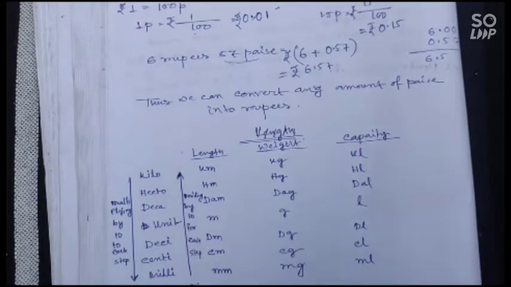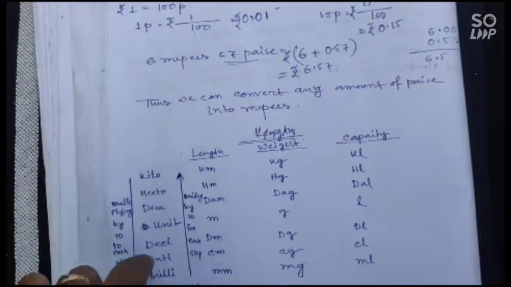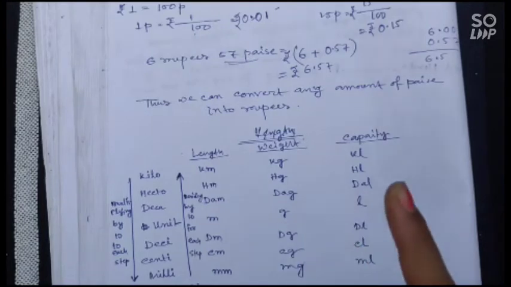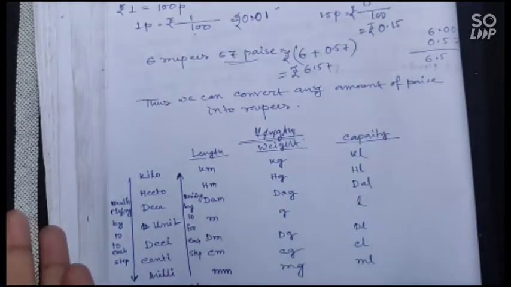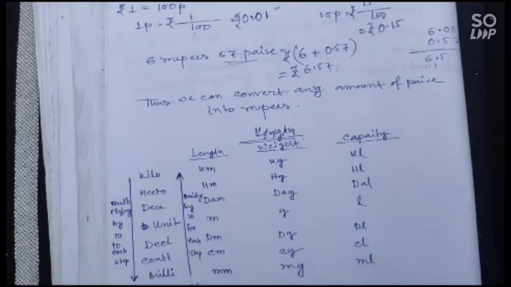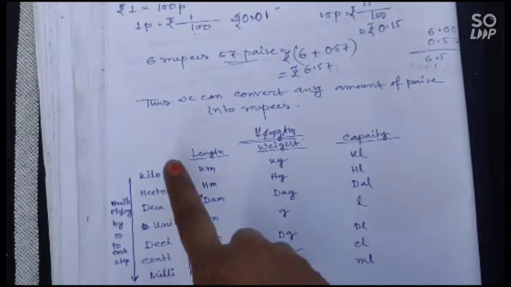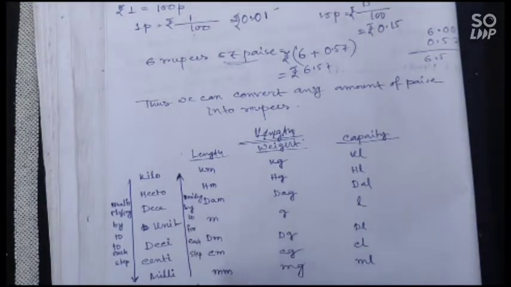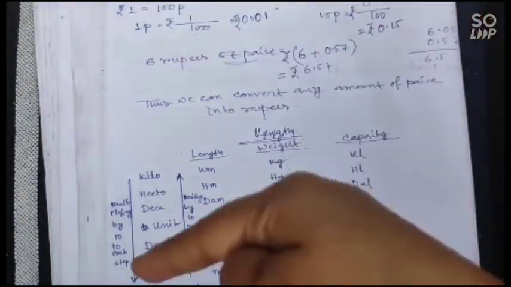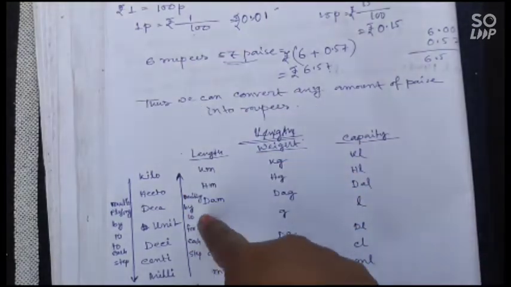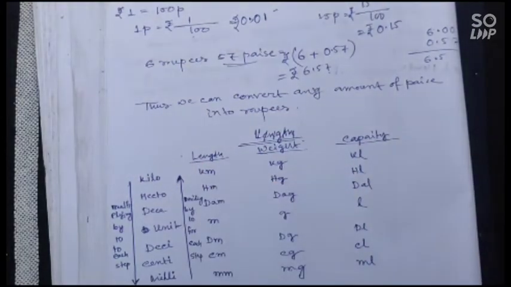First of all, you have to recognize whether you have to do multiplication or division. From kilo to deci, is it upper to down or down to up? We need to find that out first. Kilo is on the very upper side, so coming from kilo to deci means we are coming down, right?